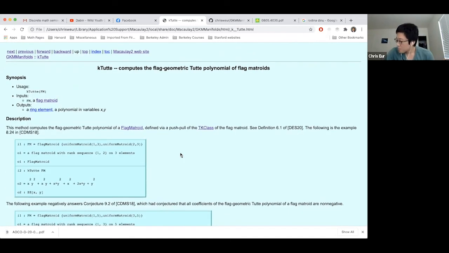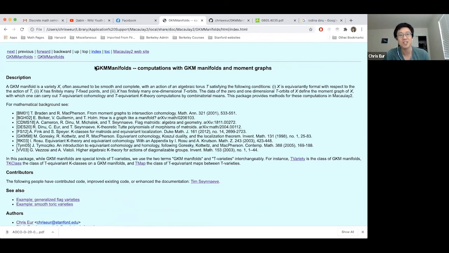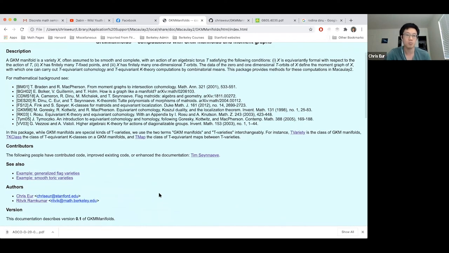It seems like many of the computations that we did can be done for an arbitrary Coxeter matroid, but none of them has been implemented at this point. In fact, there are many more things that we would like to implement in this package that has aided in doing many of the computations in this project.